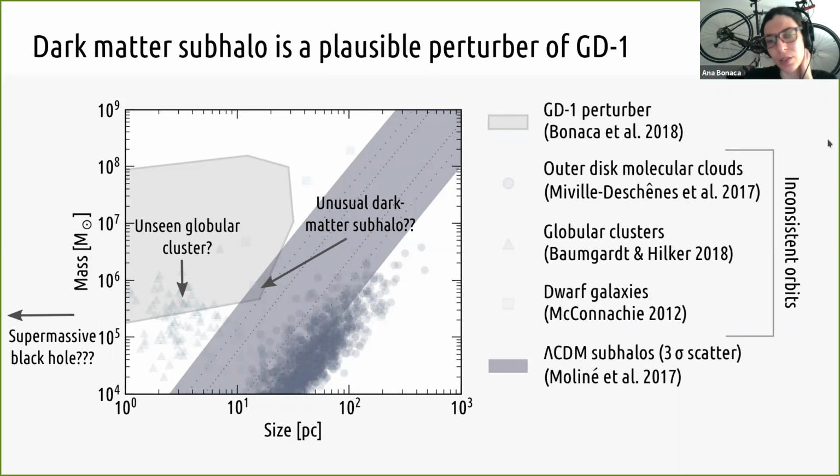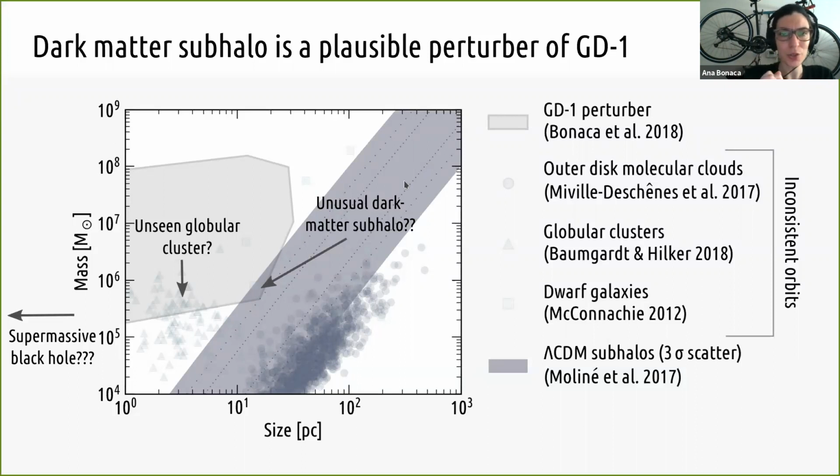That is why we use this particular study of Moulinet from 2017, because they actually measured this mass-size relation in different parts of the galaxy where a different amount of tidal stripping happened. So what we use here is the range between 10 or 15 and 30 kiloparsecs from the galactic center, where GD1 orbits.